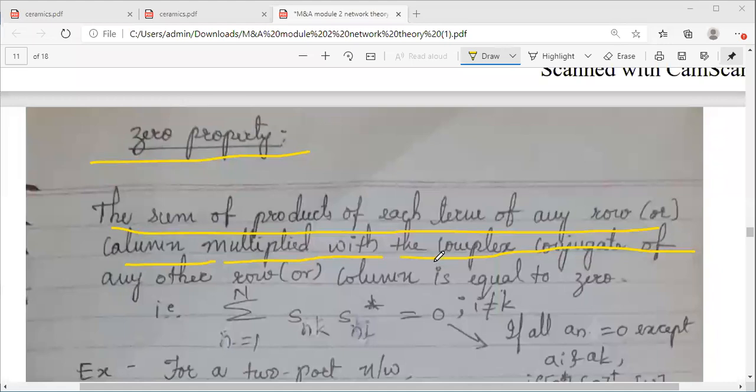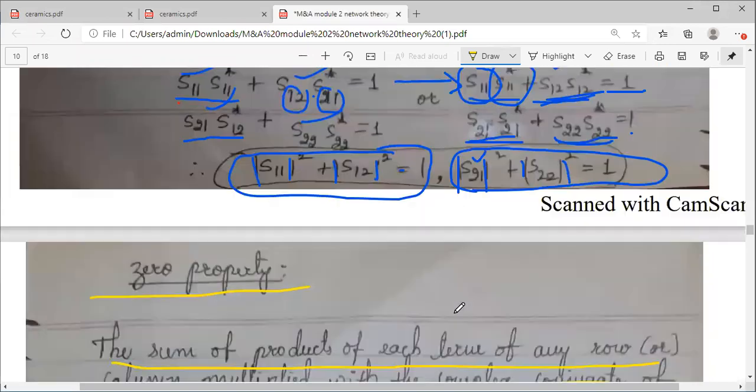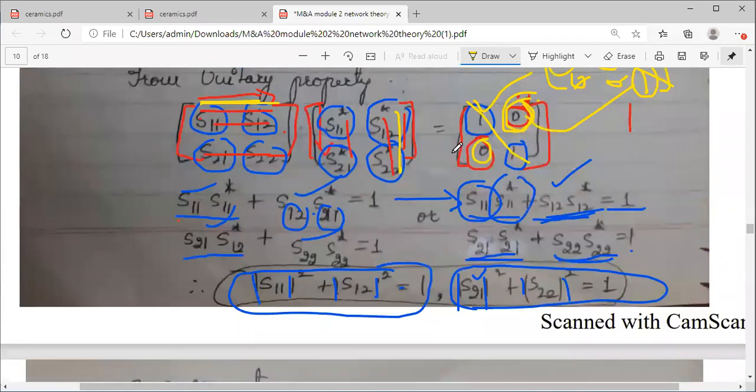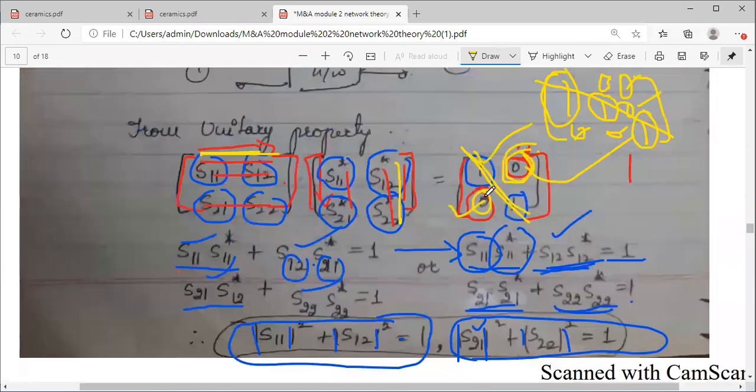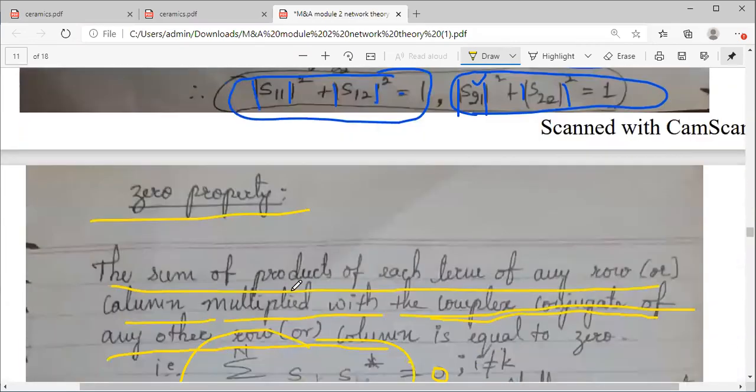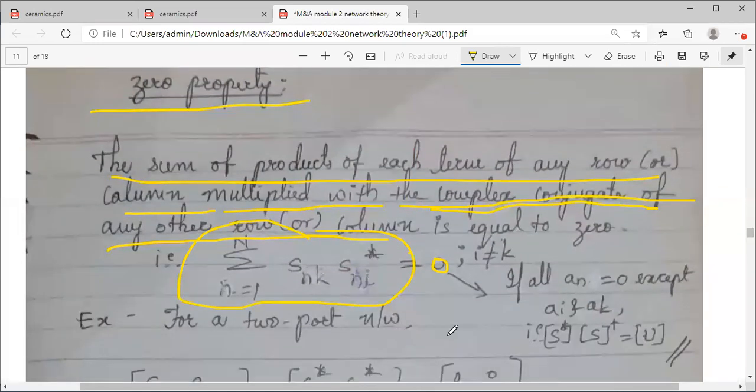But here it will be not its own complex conjugate, but it is the complex conjugate of any other remaining row or column. So any other remaining row or column is this, not the diagonal elements. So the summation, this value is equal to, earlier it was in unitary property 1, here it will be 0 because you are equating to 0. See, there is a 0 term. This is the statement for 0 property.